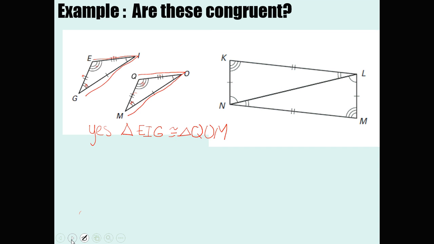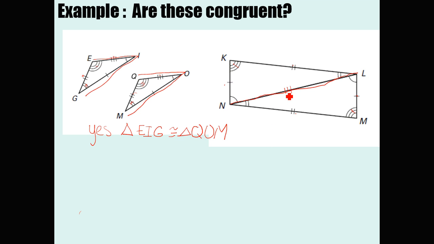Here's another picture of some triangles. Are these triangles congruent to each other? I have three slashes here, and here. I have one slash matching there. I have two slashes matching there. It looks pretty good. I don't have any markings on this side NL though. But both triangles share that side, so it would be congruent to itself if I were to separate those two triangles.